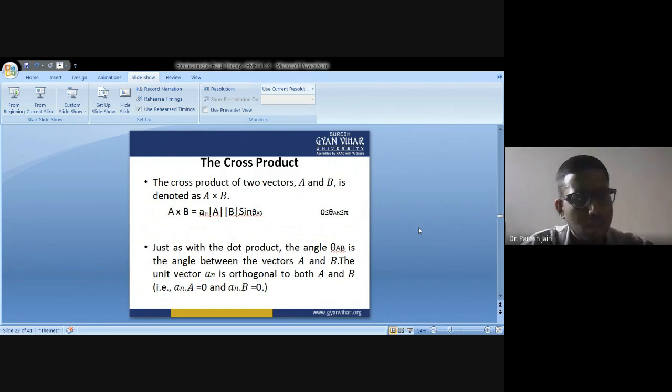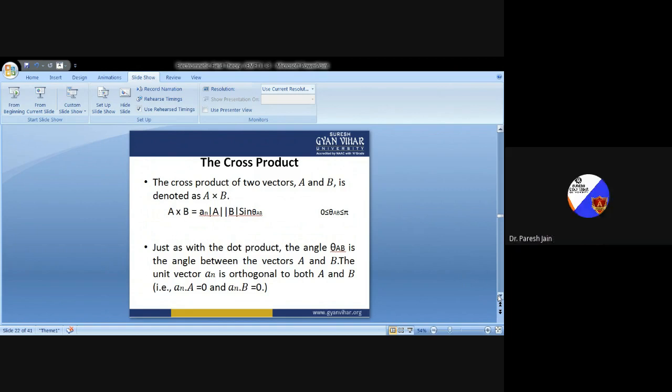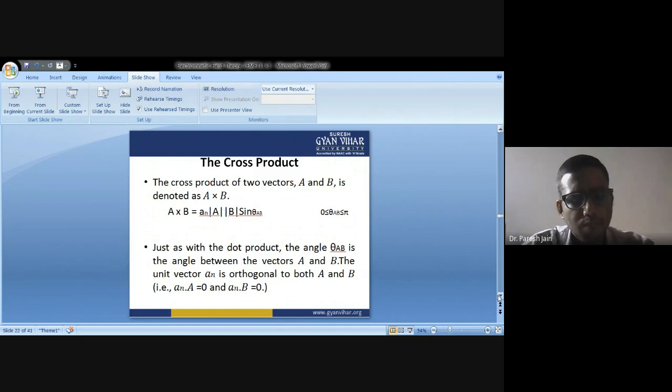The unit vector AN is orthogonal to both A and B. That is, AN dot A is equal to 0, AN dot B is equal to 0.